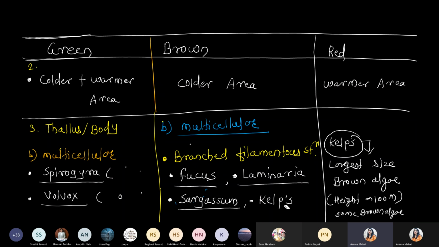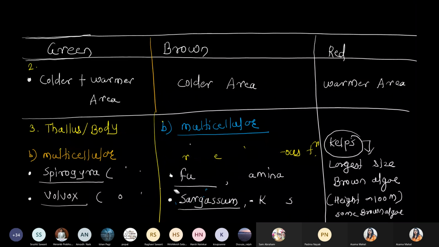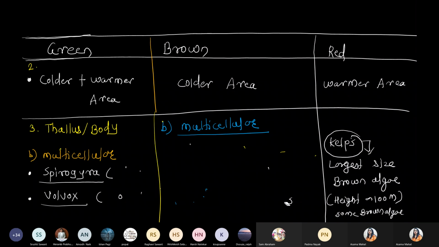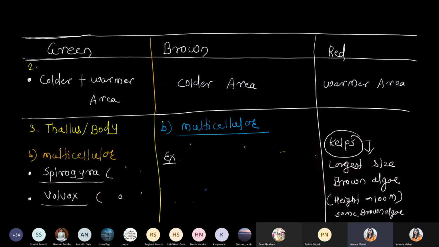Okay. So one more piece of information under that multicellular. We are taking one more condition, one more example under the brown algae multicellular. We just discussed the kelps word. Kelps is nothing but large size brown algae. These are called kelps, and some brown algae have approximately 100-meter height.